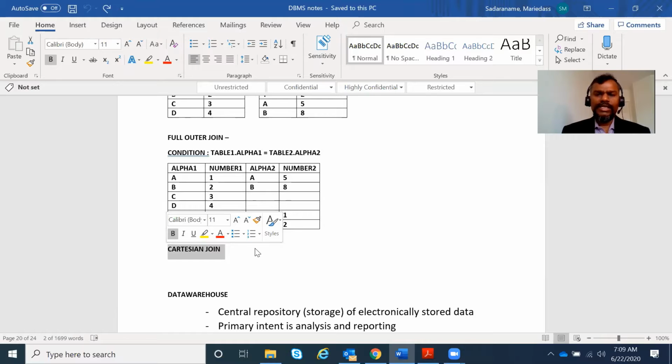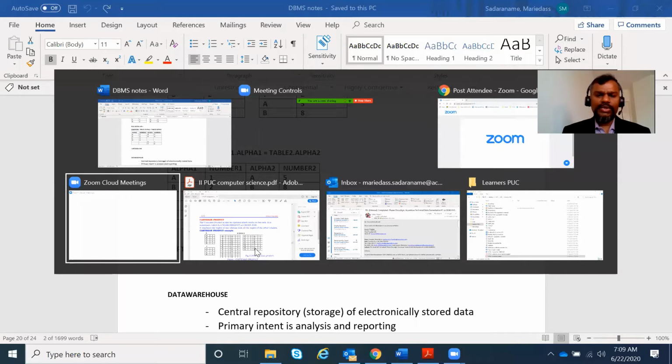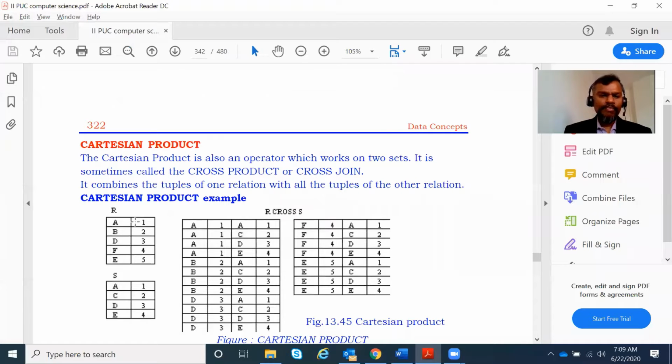It does an X cross Y on the tables, meaning it gives a combination of all records of the first table and all records of the second table. It does a cross multiplication: for each record on the first table, it makes a combination with all records of the second table.